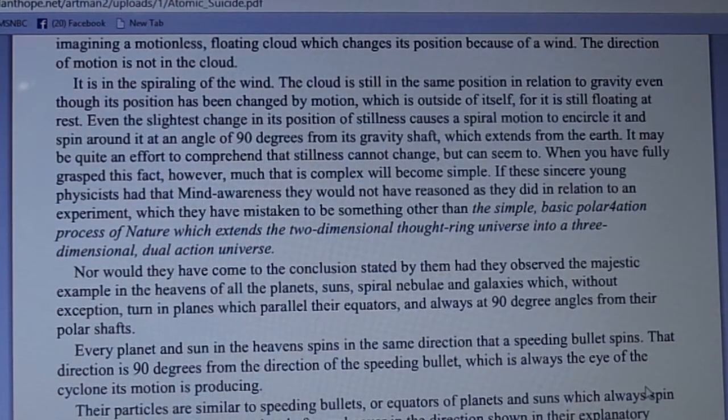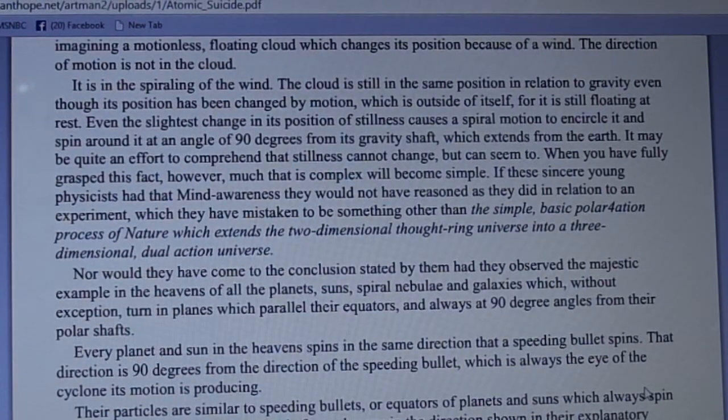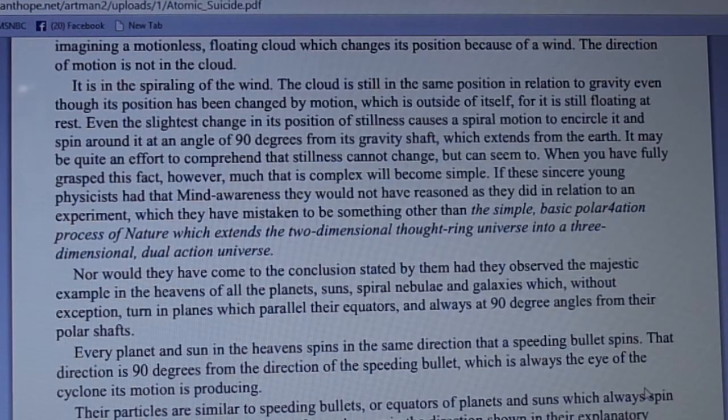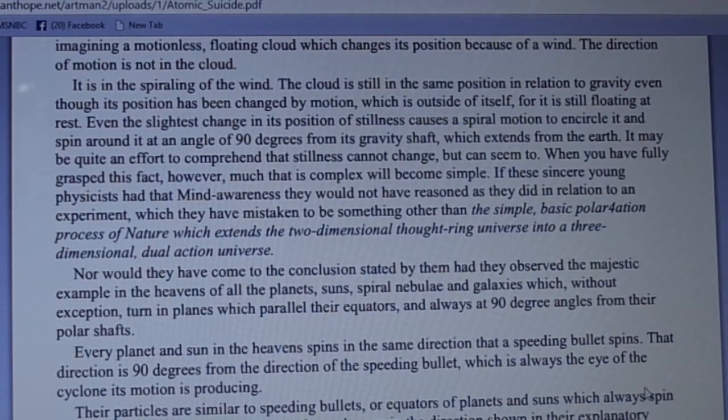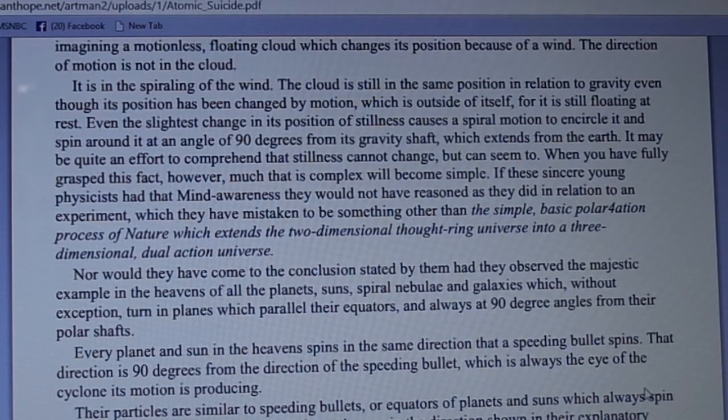Nor would they have come to the conclusion stated by them had they observed the majestic example in the heavens of all the planets, suns, spiral nebula, and galaxies, which, without exception, turn in planes which parallel their equators, and always at 90-degree angles from their polar shafts. Every planet and sun in the heavens spins in the same direction that a speeding bullet spins.